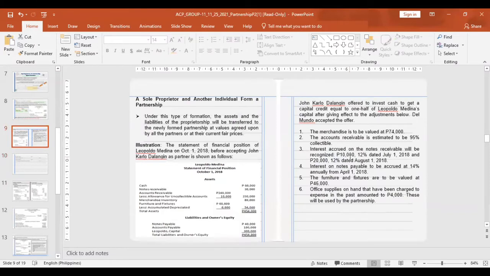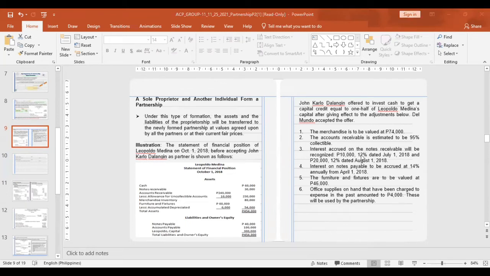So interest accrued on the notes receivable will be recognized 10,000, 12% dated July 1, 2018 and 20,000, 12% dated August 1, 2018. So, yung 10,000 daw na notes receivable dated July 1, 2018, may 12% na tubo.